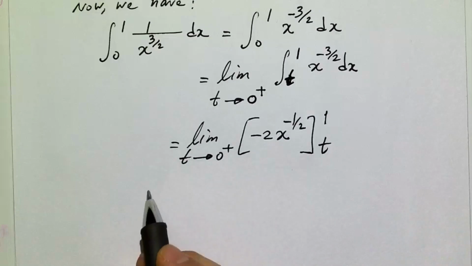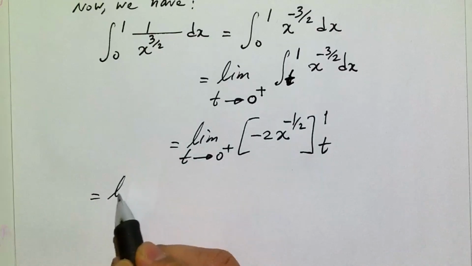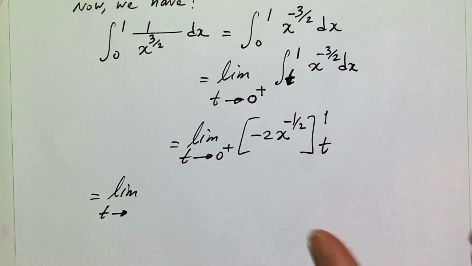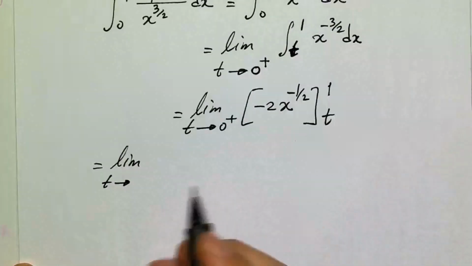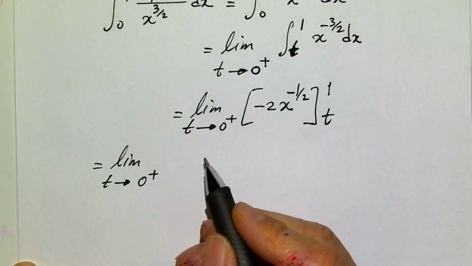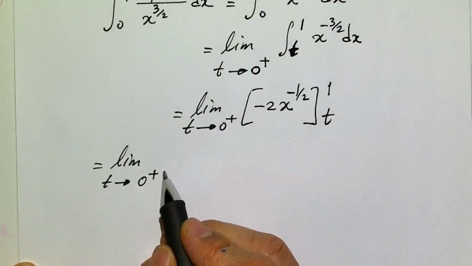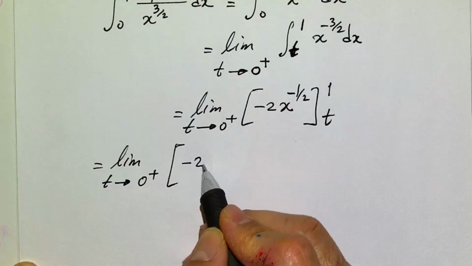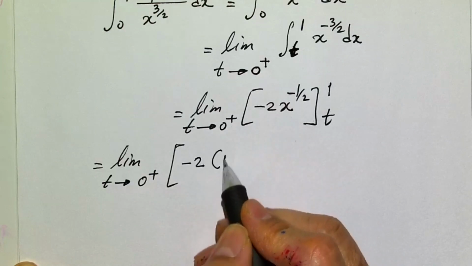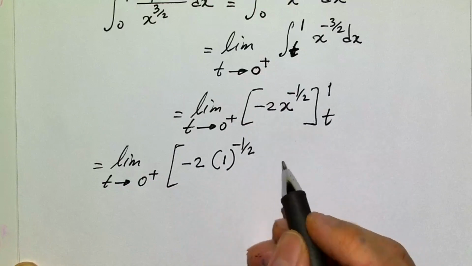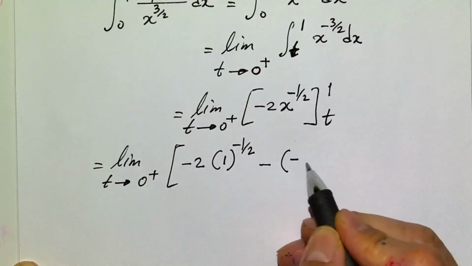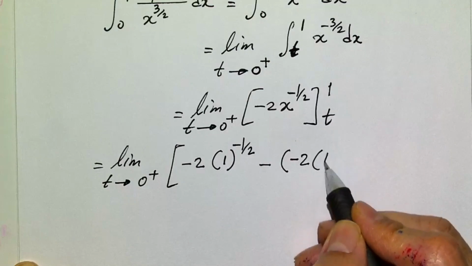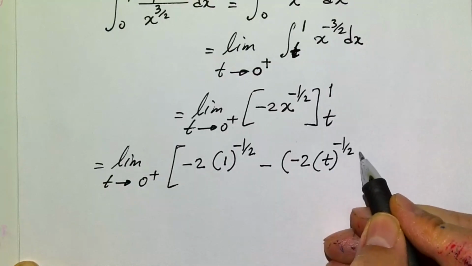So then let's take the limit. So we have minus 2, that's just 1 to the minus 1/2, minus 2 times t to the minus 1/2, like that.